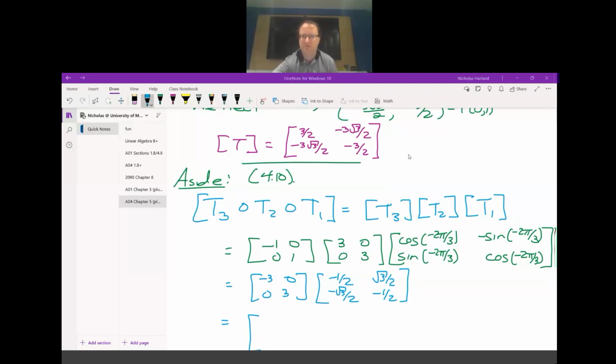So if you're writing that as rows, then no, it wouldn't be. What is this? 3/2, -3√3/2, -3√3/2, and -3/2. And if we look, that's exactly what we got above.